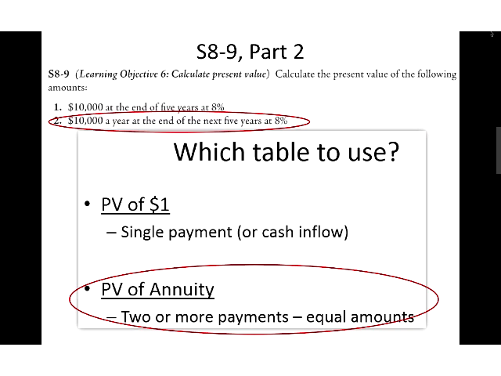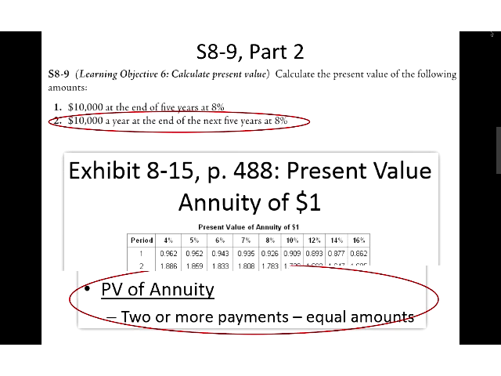Okay, so the second part, the $10,000 a year, that's an annuity because we're getting $10,000 every year for 5 years. So how we use this then is we go to the present value of an annuity table. And when we go to the present value of an annuity table, we go to row 5 and the 8% column, and we'll get a factor.